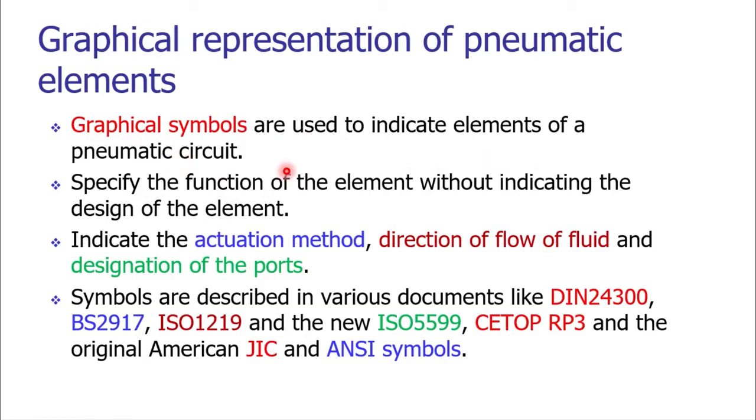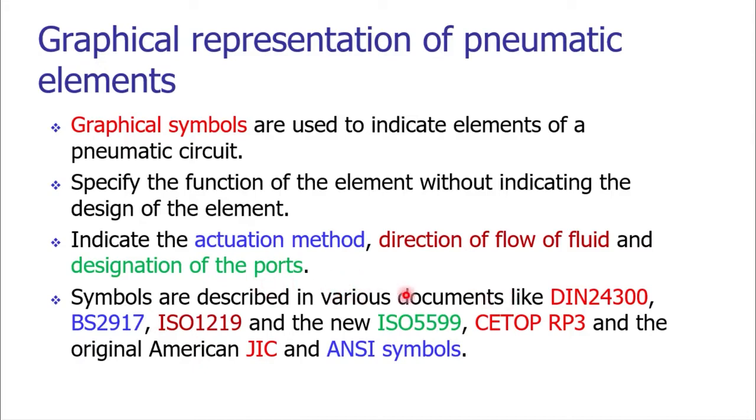In our previous week, we have seen that such a graphical language or representation is very helpful to designate the hydraulic elements. In a similar way, for pneumatics as well, we are using graphical representation. This graphical representation is basically used to indicate the actuation method, the direction of flow of the compressed air, and designation of various ports.